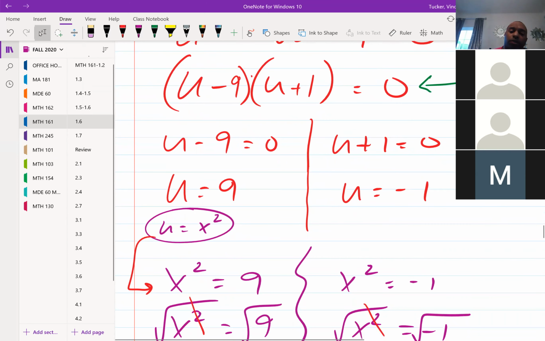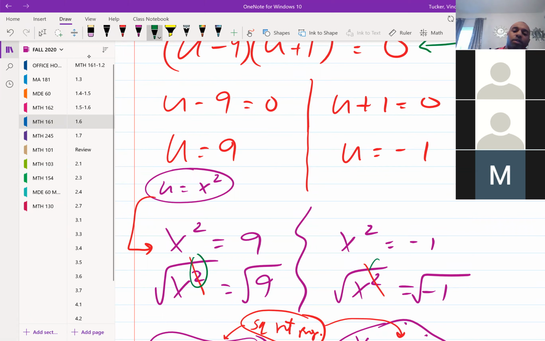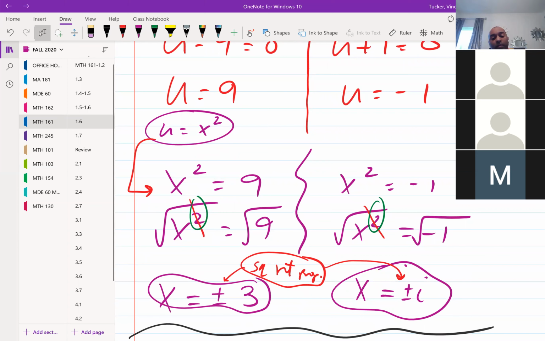Now to solve, we'll take the square root of both sides. The square root and square cancel on the left in both cases. Don't forget, whenever you take the square root of both sides, you have to use the square root property. So that'll be plus or minus 3 and plus or minus i. Don't forget the square root of negative 1 is i. So you have two real solutions and two imaginary solutions.